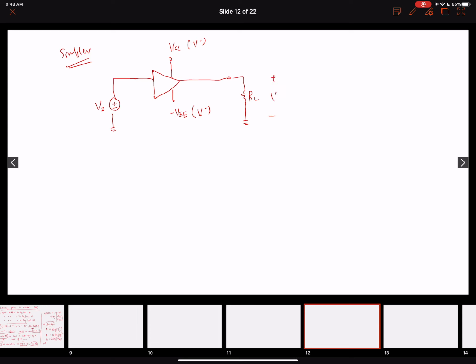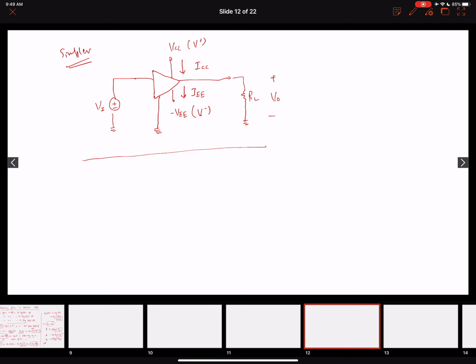The potential across the load resistance is going to be the output voltage, V0, and again you are going to have a common ground between the input, the output and the power supplies. The current that is drawn from the VCC is ICC, and over here we have IEE. So this is a simpler representation of the amplifier connected to the external supplies, the input, and the load resistance.